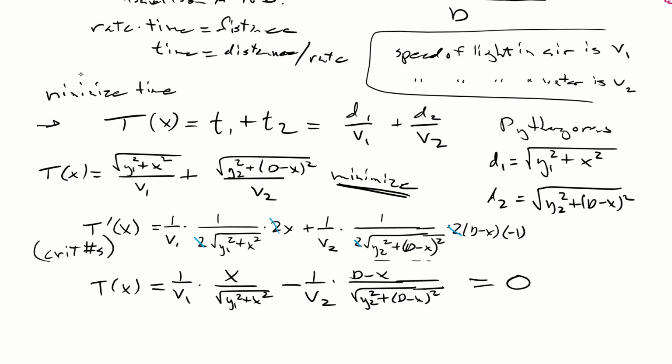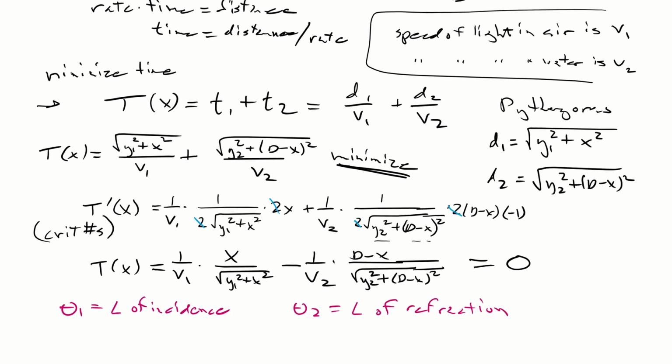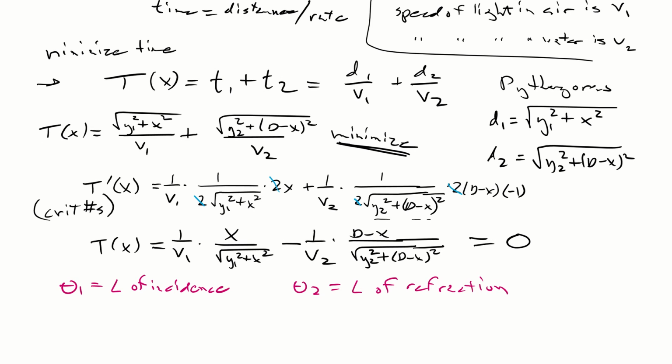So theta 1 is the angle of incidence of the light. When it hits the water, it's at a certain angle. And theta 2 equals the angle of refraction. I believe those words are right. It's from the textbook. You can find that thing. Anyway, what's weird is, look at this.